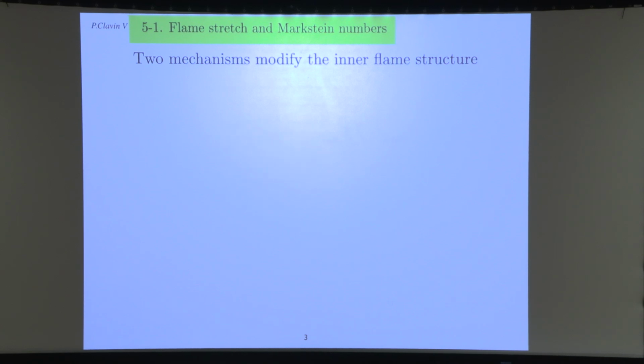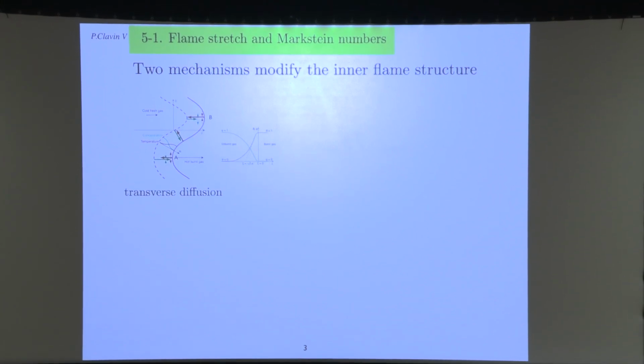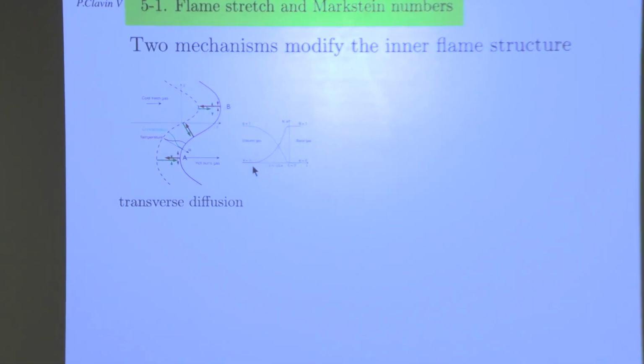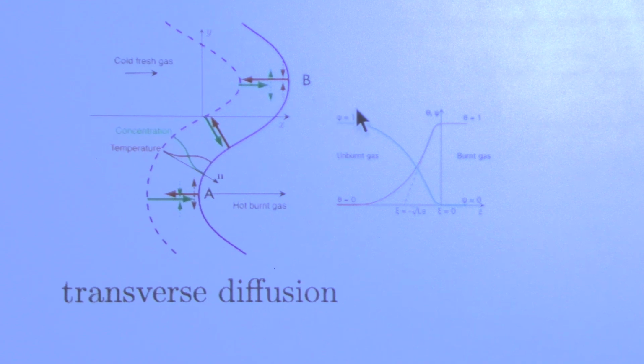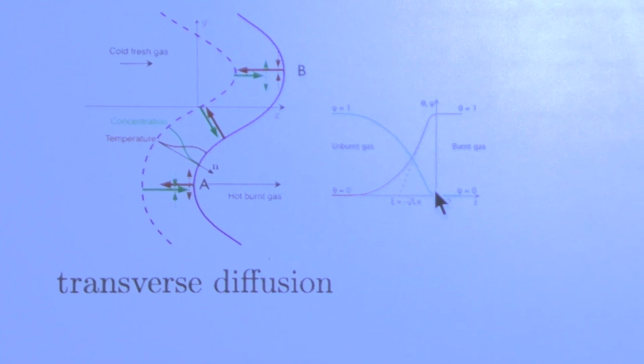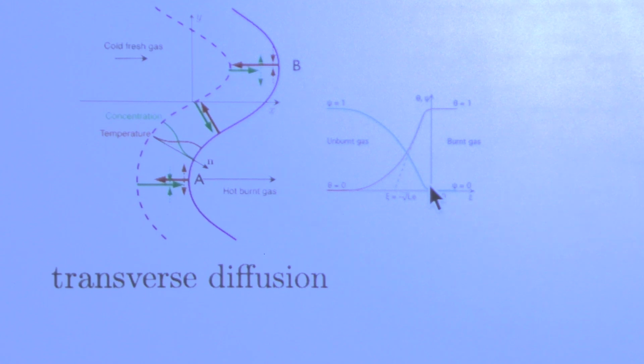There are two mechanisms that modify the inner flame structure. Here are the complementary profiles of temperature and mass fraction of the limiting species in green. They are complementary.